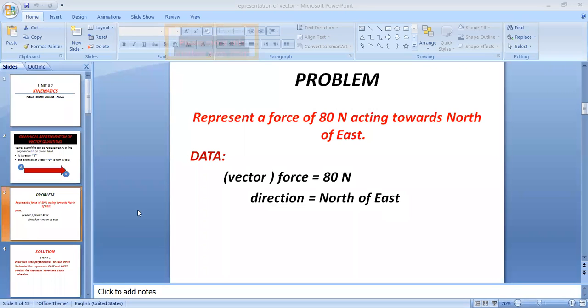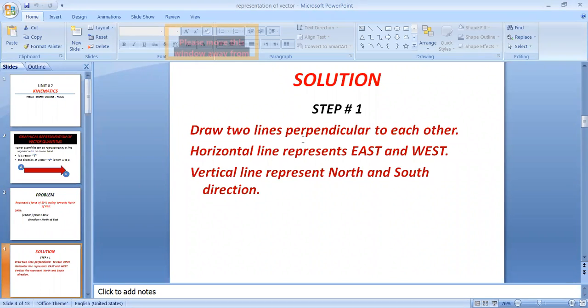So the first step will be to draw two lines perpendicular to each other. What are perpendicular lines? Perpendicular lines make a 90-degree angle. They are perpendicular to each other, meaning one is vertical and the other is horizontal. The horizontal line represents east and west, and the vertical line represents north and south.